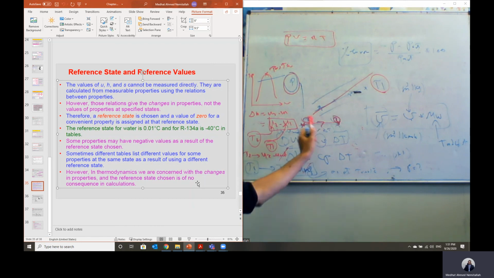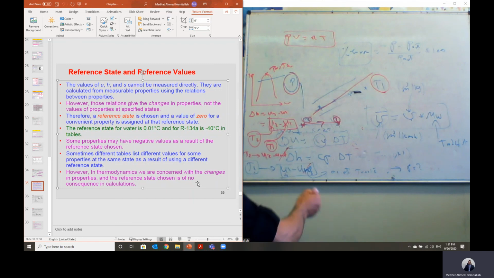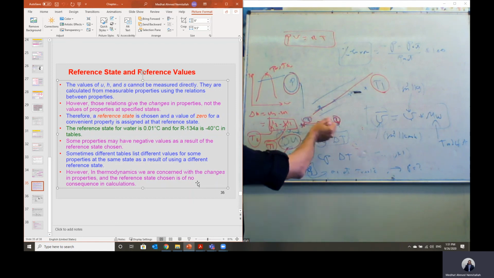They are associated with a process. We cannot generate heat or work unless the system undergoes a process or a change from initial state to a final state. Okay. Then in thermodynamics, we are concerned with the change, not the properties at a given state. We need to calculate delta U, not U1 or U2.